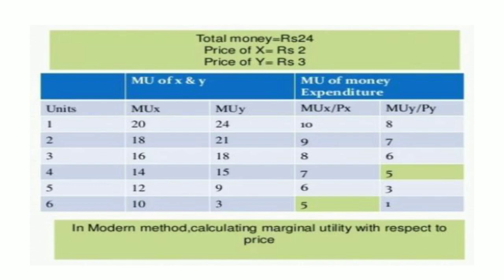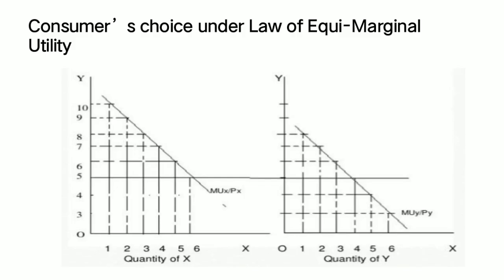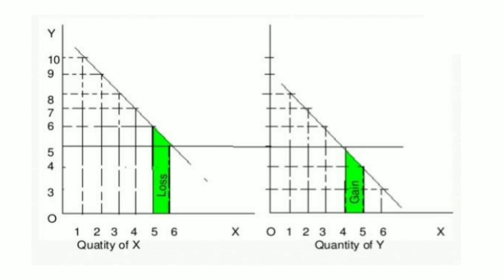Okay, now consumers trade under the law of equimarginal utility. So here we can see this is just the same as the explanation I gave you a while ago, and here we can see that the quantity of x is lost, and the quantity of y on the other side is gained.